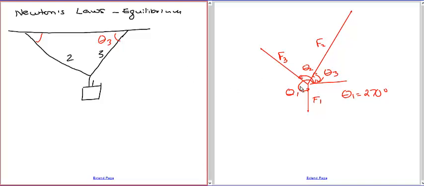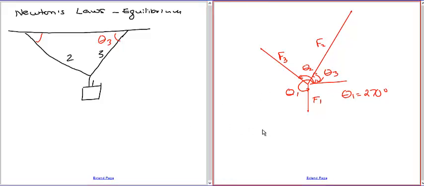And in this case, we break the force up into the components. So you're going to calculate, and I'm not going to do it all for you, I'm just going to lay it out here. F1x, the x component of force 1, in this case is 0 because it's vertical, and F1y is going to be F1 times the cosine or sine of 270 degrees.